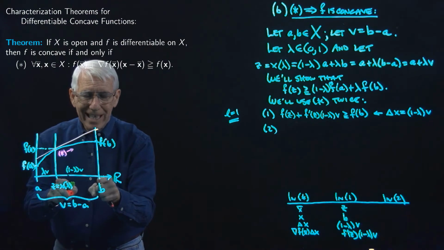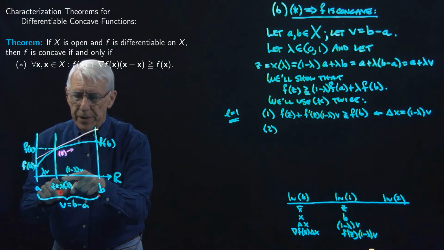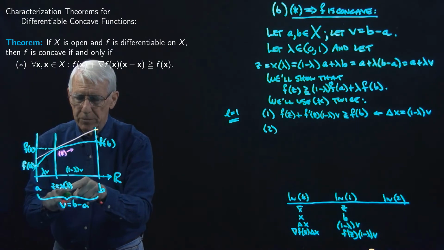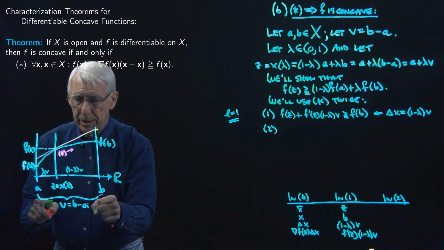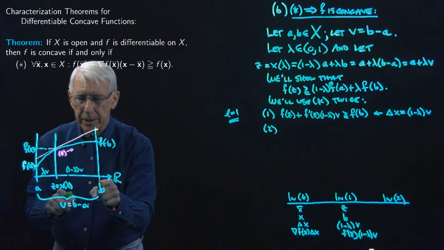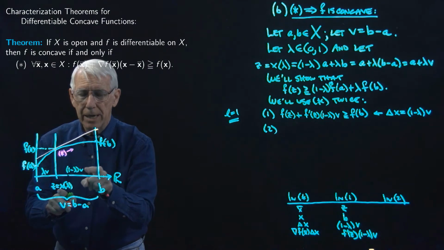And so the delta x, the change that takes place in the x variable from z over to b, is not all of v, it's just this part right here, 1 minus lambda times v.